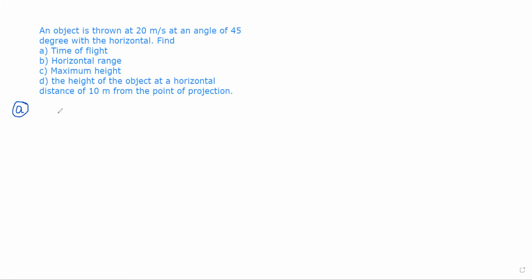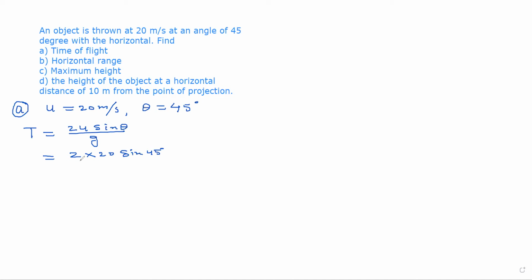We have been given the data U is equal to 20 meter per second and theta is equal to 45 degree. So time of flight T is given by 2U sine theta by G. This will be 2 U is 20, sine theta is sine 45 degree, by G is 10.